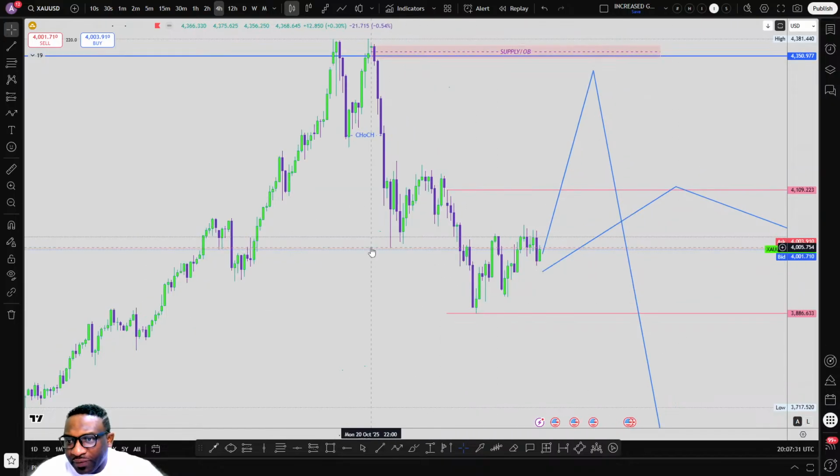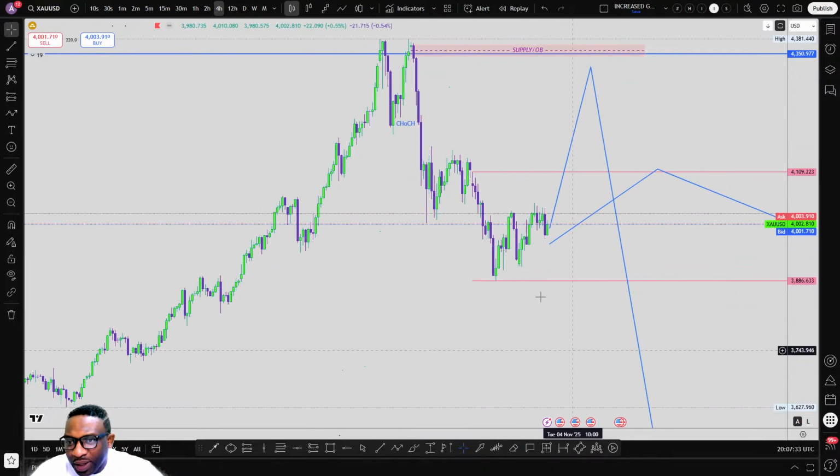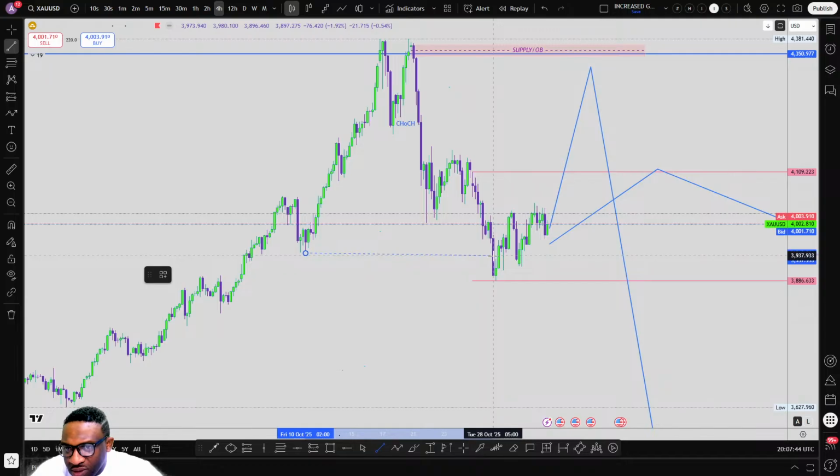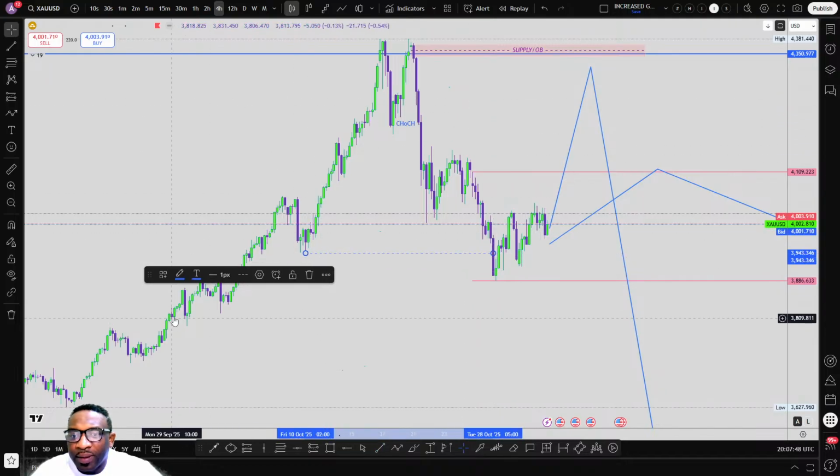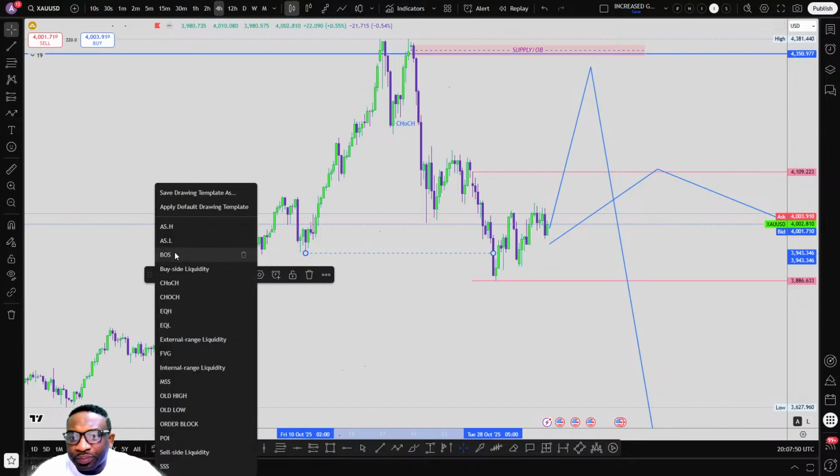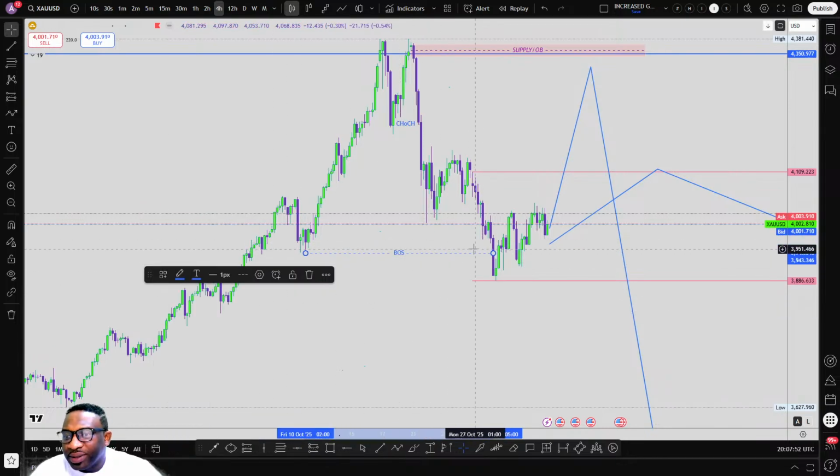So even looking at gold now, on the 4 hours, if we want to mark the most recent break of structure, we have these lows here that have been taken out. So this is a break of structure. All we do is look for the origin that caused this break of structure.